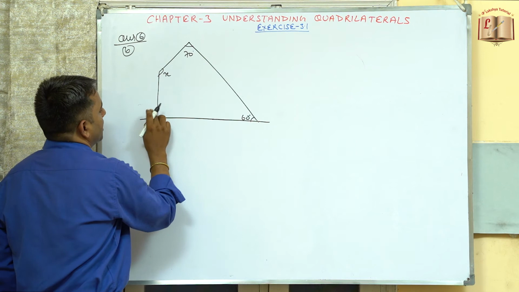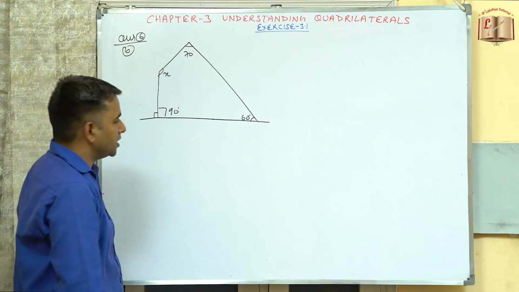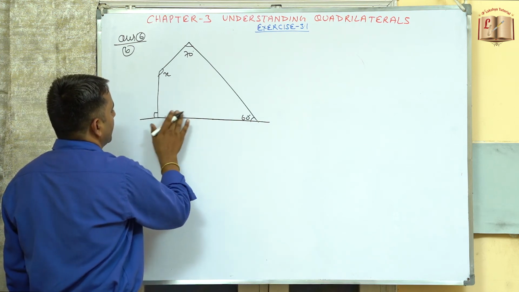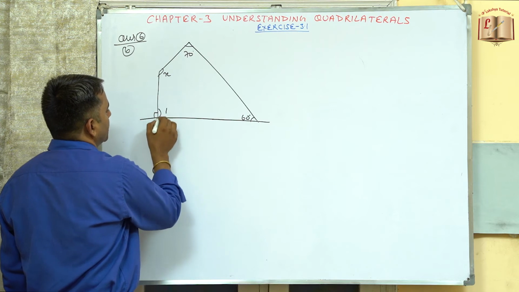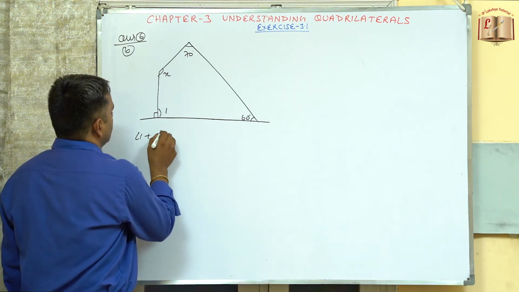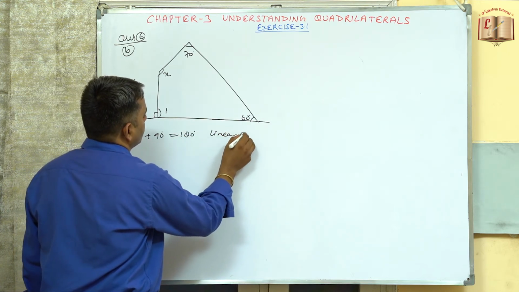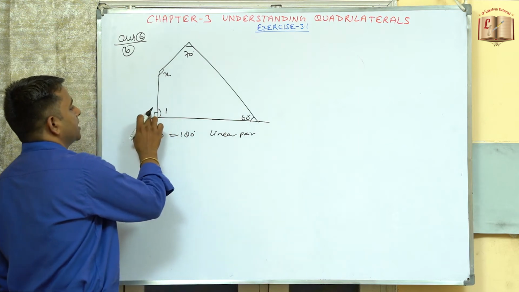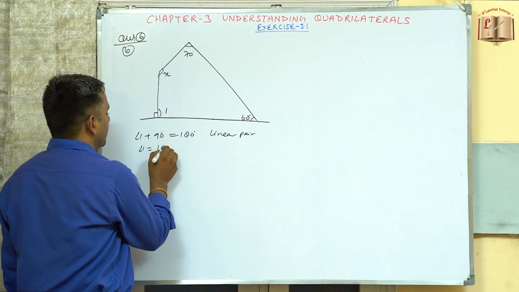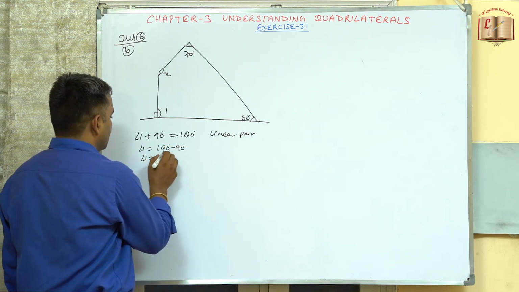So here it is 90 degrees, so we get this angle also as 90 degrees, because this is a linear pair, or we can find it otherwise. For the time being, we will write angle 1. So angle 1 plus 90 degrees equals 180 degrees. So this is a linear pair. Angle 1 plus this angle, which is given as 90 degrees. So now angle 1 equals 180 degrees minus 90 degrees. So angle 1 equals 90 degrees.